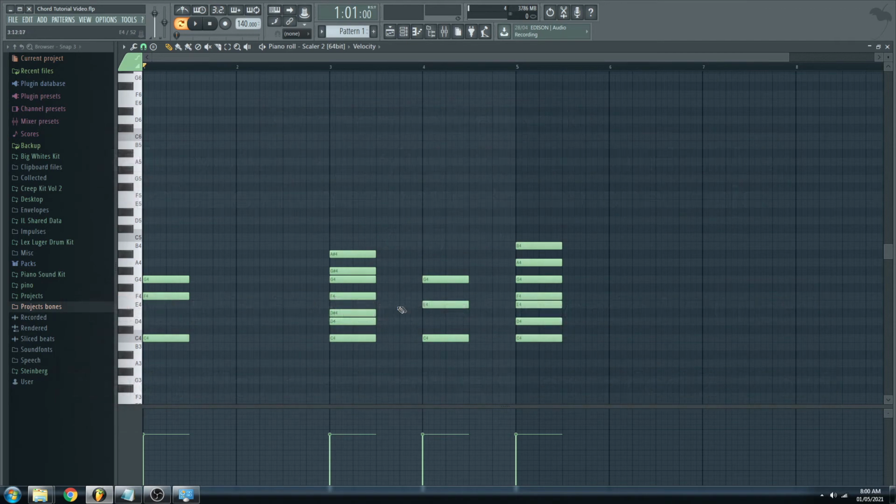Sus 4, and boom. If we raise this up to the 4th note of the scale, 1, 2, 3, 4, this is also a C sus 4, because like I told you, when you take the minor or major third and raise it up, it's technically not major or minor. So whether you're in minor or major, the suspended chord, whether it's sus4 or sus2, is going to be the same.